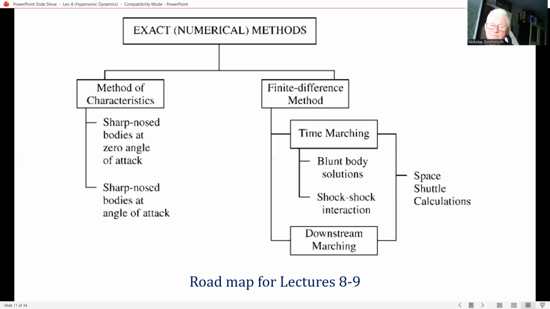Along the way, following down the left column in this slide, we will look at some method of characteristics solutions. First, the flow over sharp-nose two-dimensional and axisymmetric bodies at zero angle of attack, and then flow around axisymmetric bodies at angle of attack as the second part.